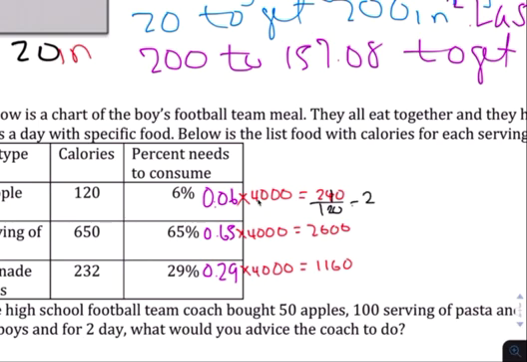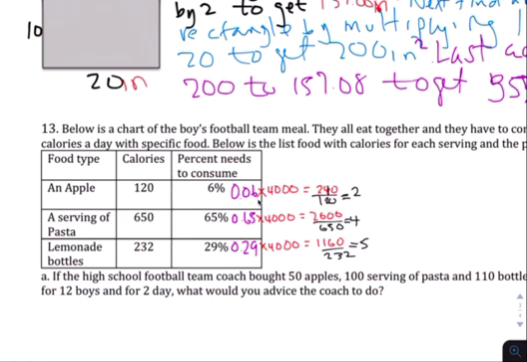We get 2, divide by 650, get 4, divide by 232, get 5.